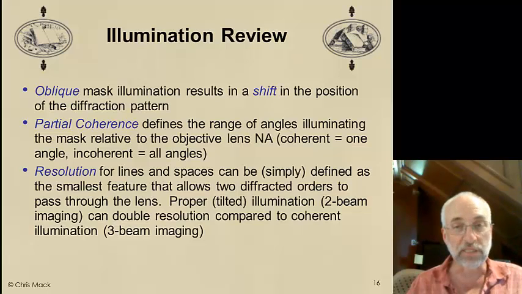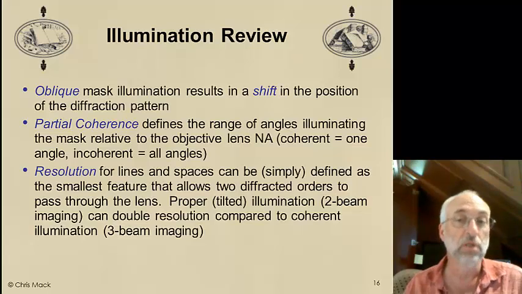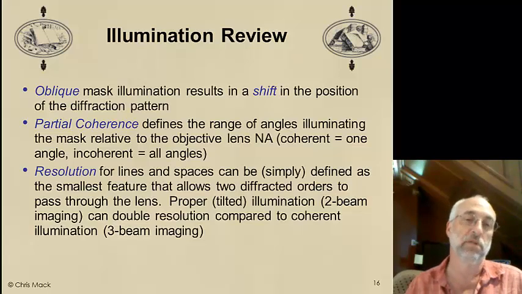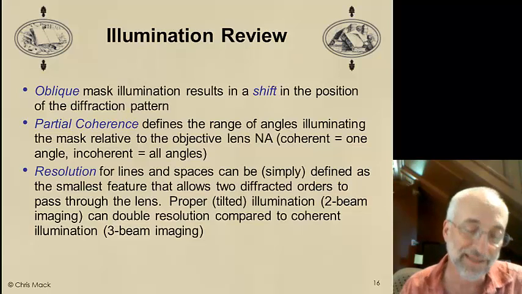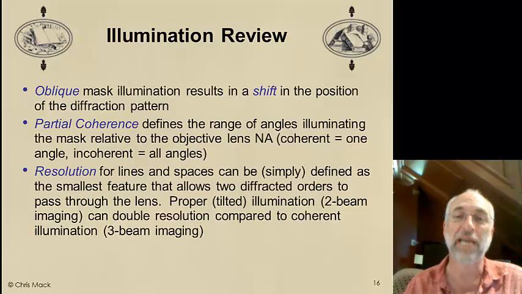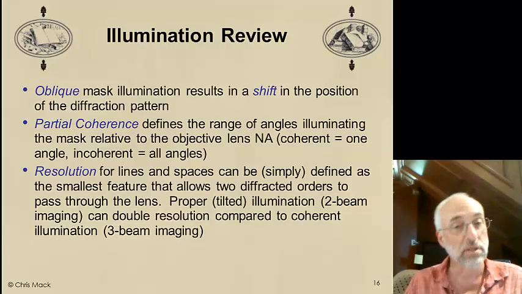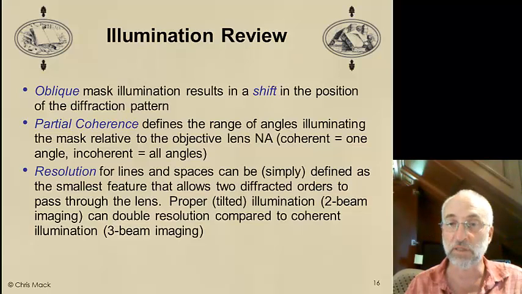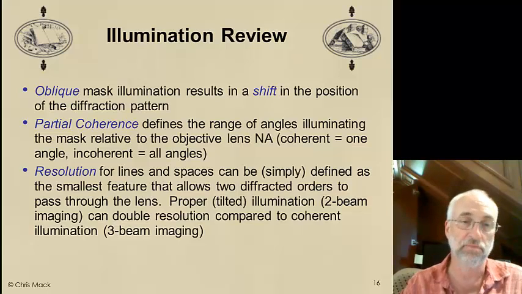But for properly tilted 2-beam imaging, we can double the resolution. Excuse me, that's what 3-beam imaging is. 0.25 lambda over NA is the maximum possible resolution for properly tilted 2-beam illumination.